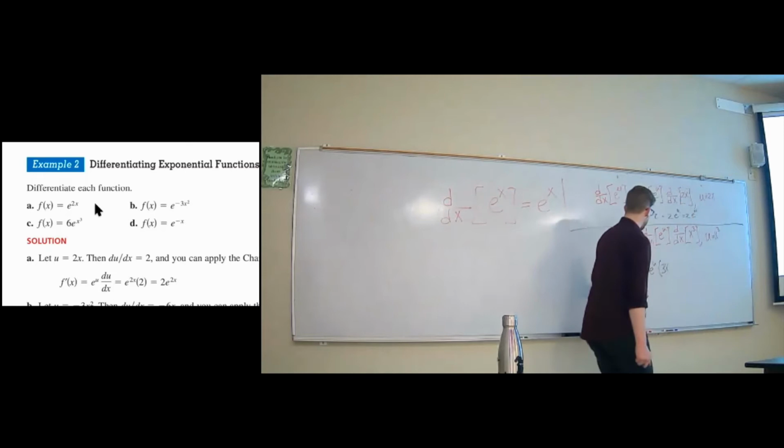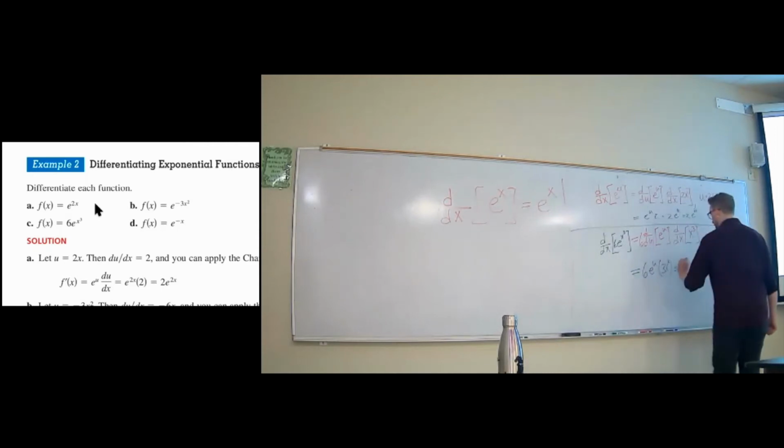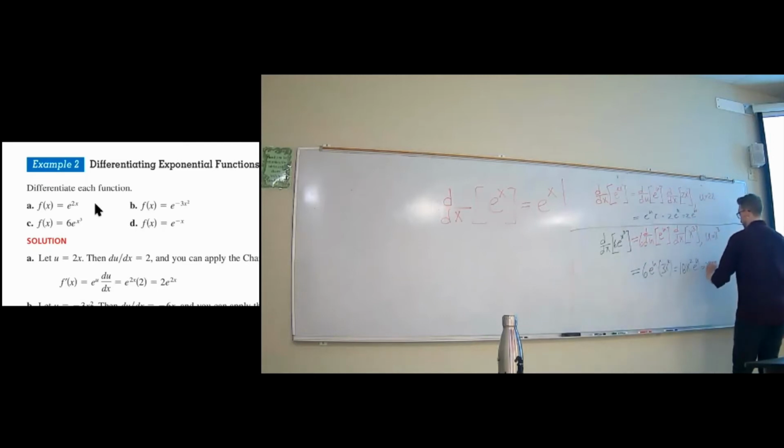So we're going to get 6 times e to the u times 3x squared, or 18x squared e to the u, but u is equal to x cubed. So that is 18x squared e to the x cubed.